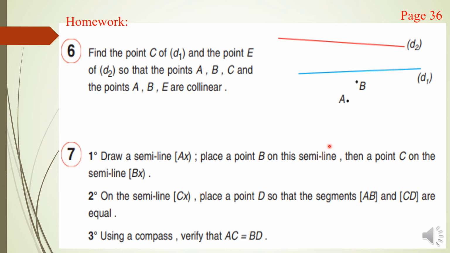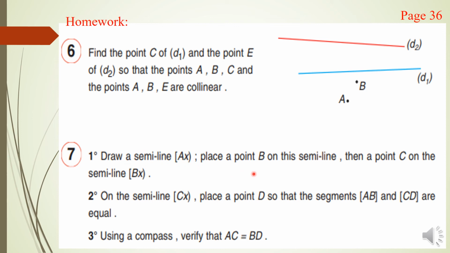Then we have to elongate the line AB to cut the first line D1 and the second line D2. The point of intersection of AB with D1, I call it C, and with D2, I will write it E. Okay?